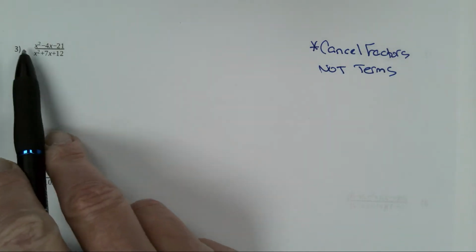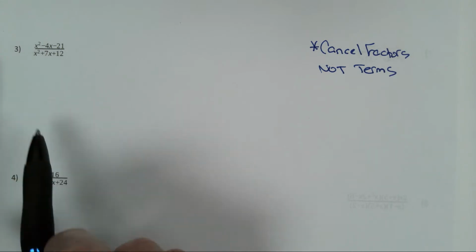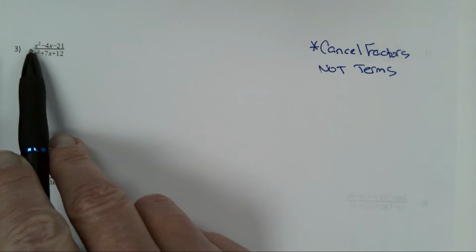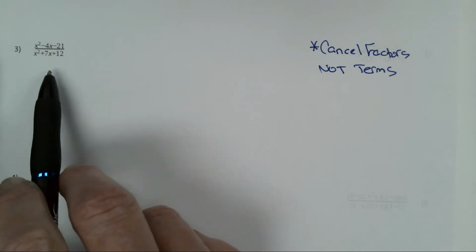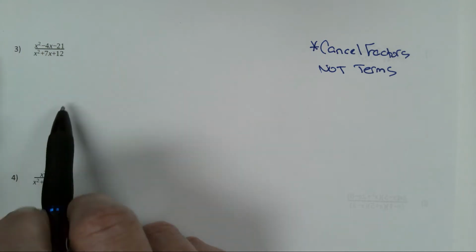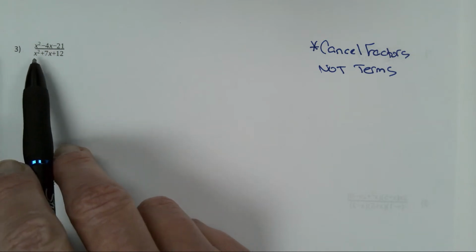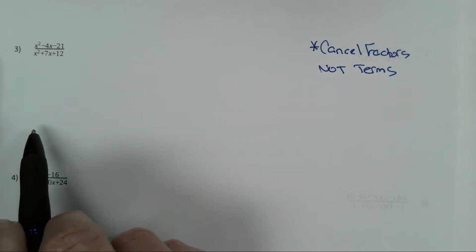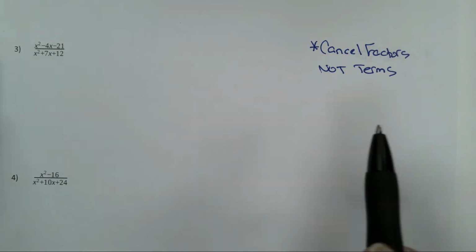Terms are things separated by addition or subtraction signs. So there are 1, 2, 3 terms on top, and there are 1, 2, 3 terms on bottom. You are absolutely not allowed to cancel out those x squareds. That is not allowed because those are terms. We need to factor them.